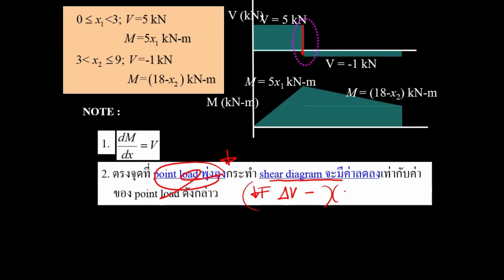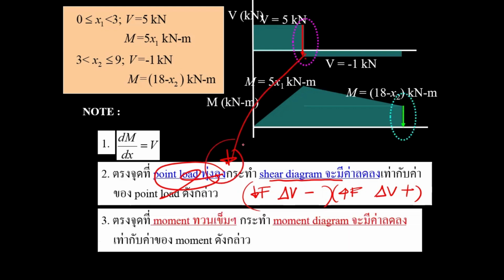If the force is upward, the change of shear is going to be positive. This is shown over here for the downward force. And then the moment over here is going to be 9 kilonewton meter.